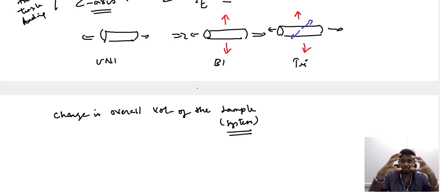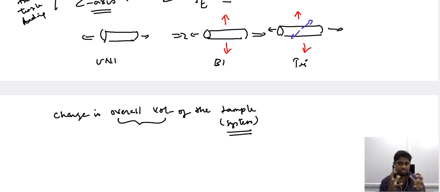Now when we want to comprehensively describe the response offered by the material as a whole sample, what we need to consider is the change in the overall volume, the entire volume of the sample. How the entire volume changes for a given loading condition will give us an understanding of how the overall effect will be perceived when we impose a given loading.